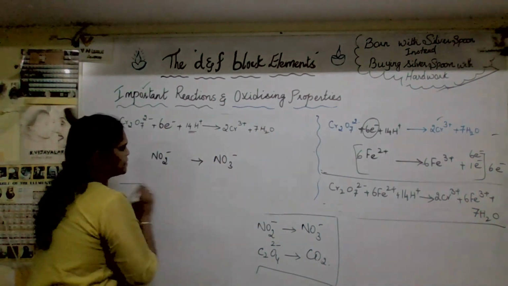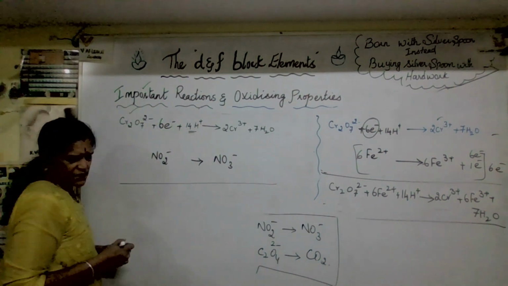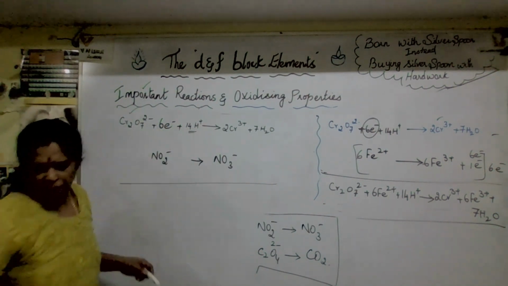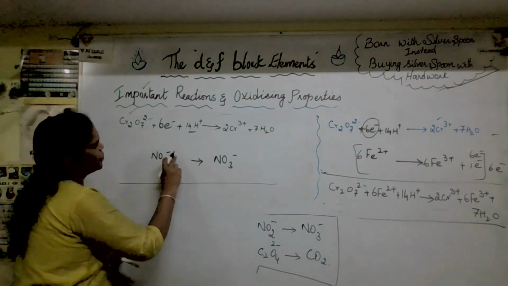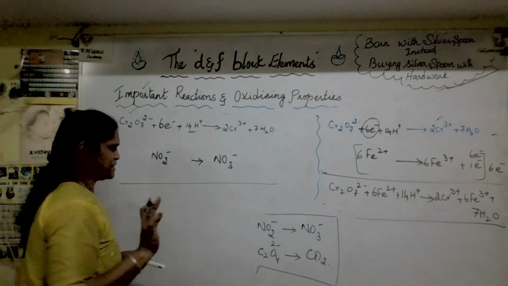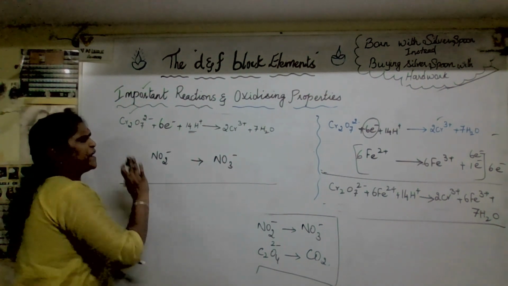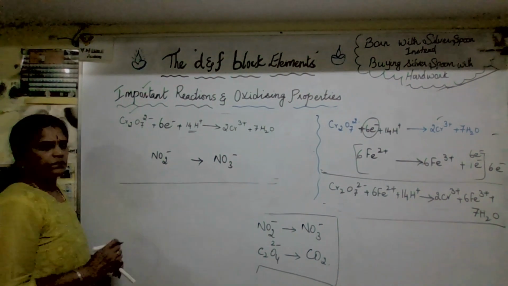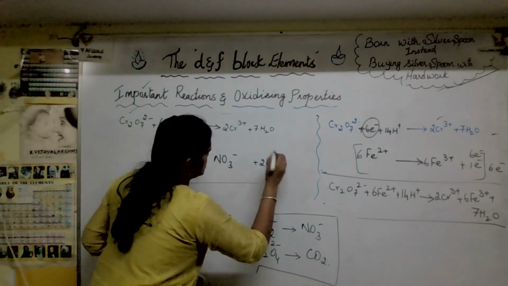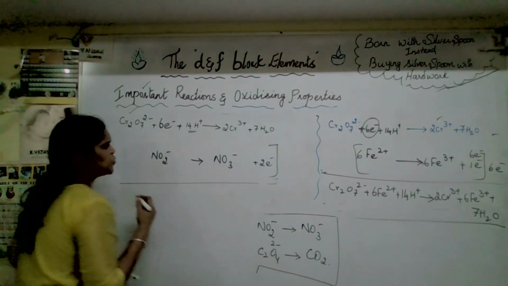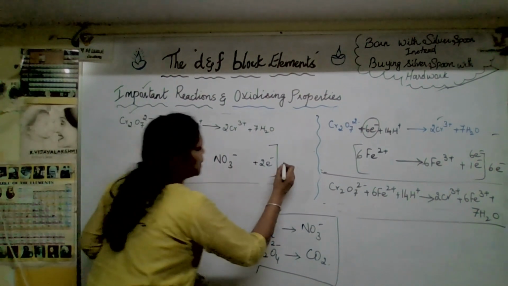Now this one is fixed already. Now the next one, this is NO2 minus to NO3 minus. Here, how many electrons does it release? Generally, it releases 2 electrons. So what is the suitable number to multiply with that?